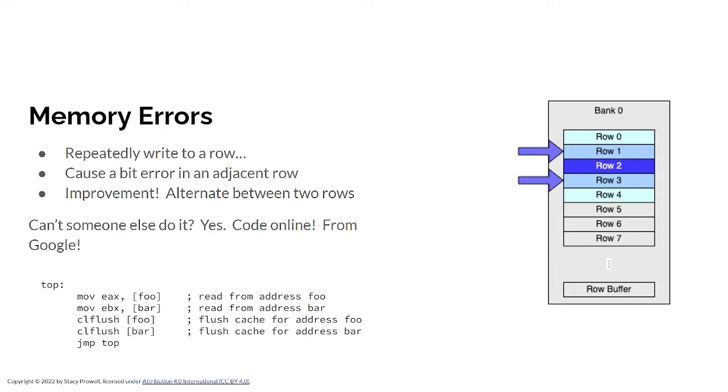Suppose that I have a bank of memory over here, a bunch of rows of memory. What I do now is I write to row 1, and then I write to row 3, and I write to row 1 and row 3 as fast as I possibly can. Just constantly I'm changing these two rows in my dynamic RAM.